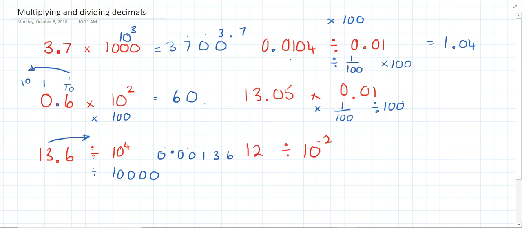Okay? Do you notice how it becomes the opposite? If I multiply by the decimal, I have to divide. If I divide by the decimal, I actually multiply. Makes sense? So if I'm dividing by 100, what's my answer? 0.1305.